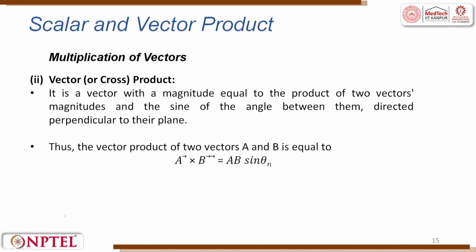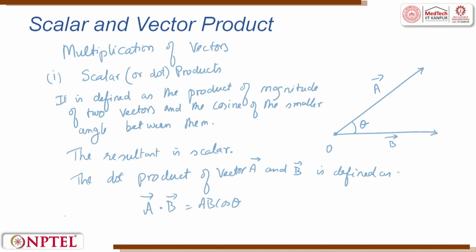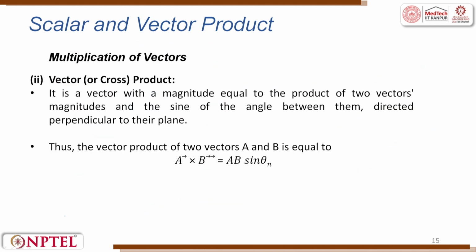Let us get into the multiplication of vectors by cross products. It is a vector with a magnitude equal to the product of two vectors. So, we saw scalar or dot product, now we are seeing vector or cross product.